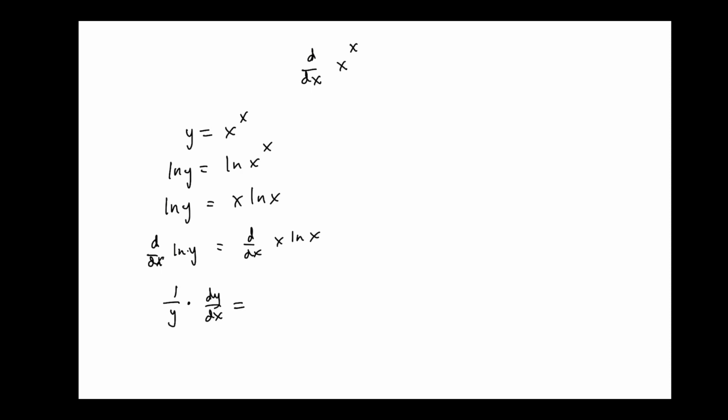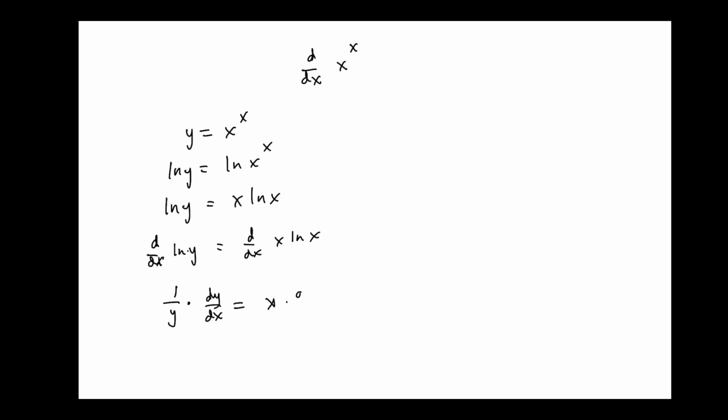Okay, good. So what do we have to do on the right-hand side here? Right, but how do we do that? We want to take the derivative of x natural log x. We have to use the product rule because x is a function, natural log of x is a function, and they're being multiplied, yes? So what's the derivative of a product?